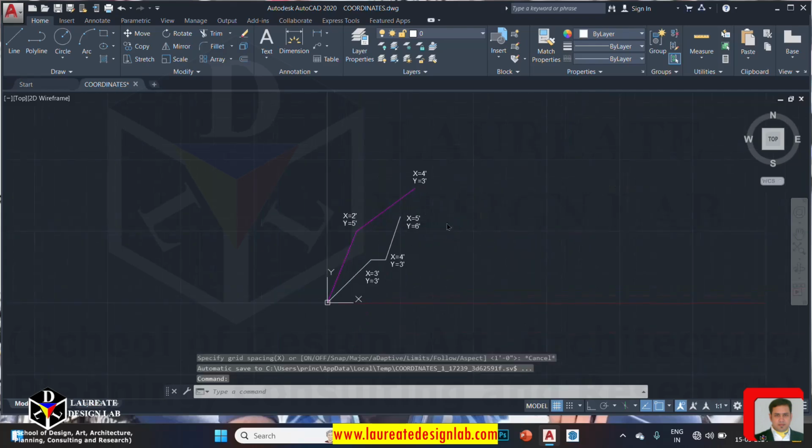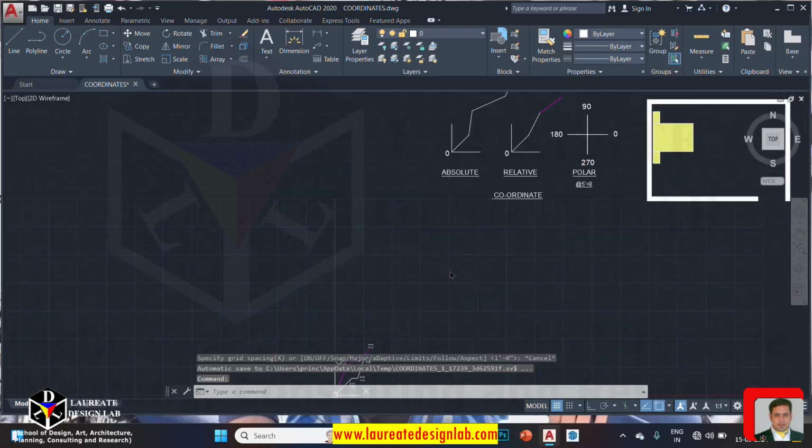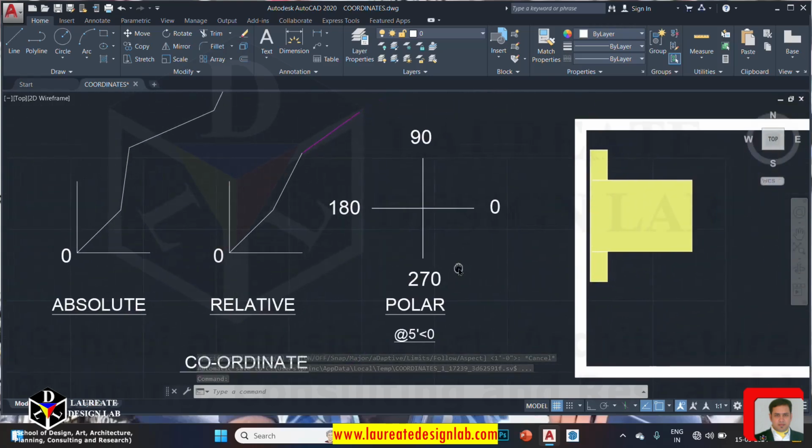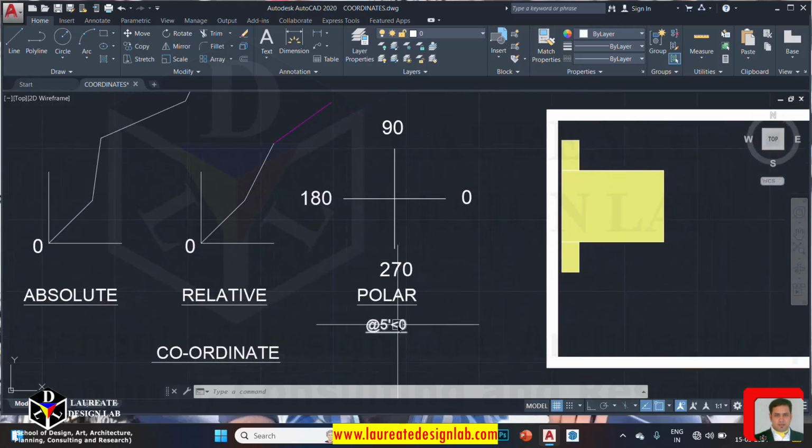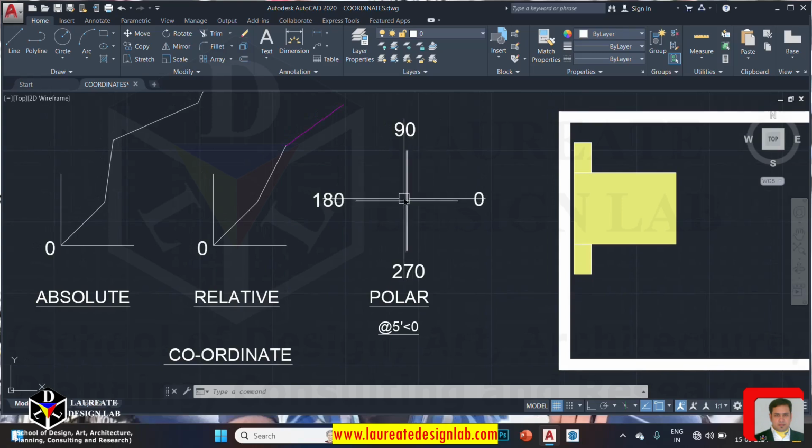Now I'll shift to polar coordinate. Before I start polar coordinate, let me make you understand two things, very, very important. One is that you'll have to always write 0 on the right side, 90 upside, 180 on your left side, and 270 downside.